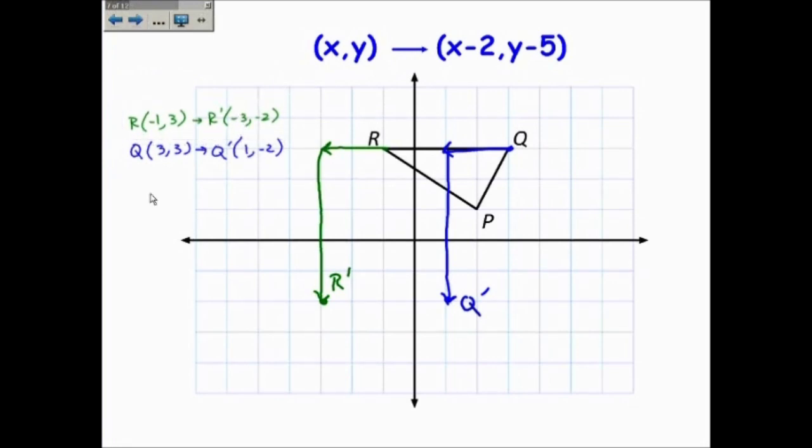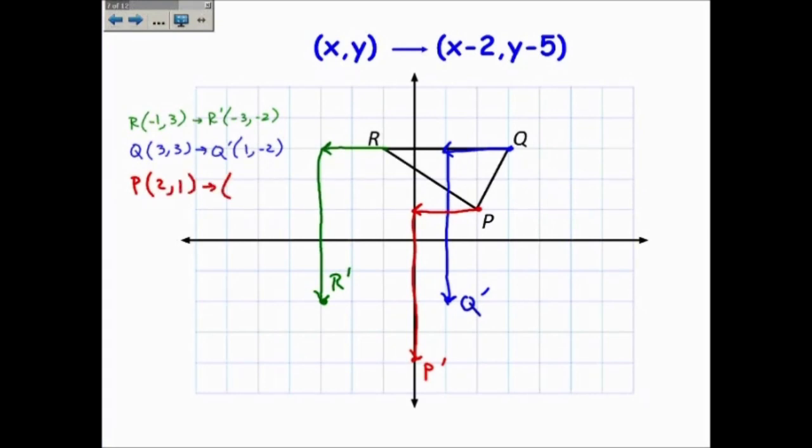Okay, now finally for P, if I take P and I go -2 in the x direction and -5 in the y direction, then I get P prime. Okay, now P is 2, 1.